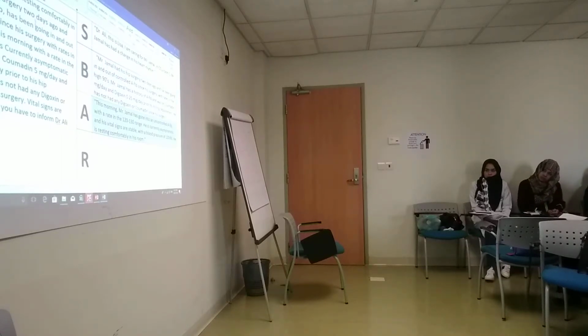Assessment. So you are mentioning your assessment. This morning, Mr. Jamal has gone into uncontrolled AFib with rate in the 100, 120, 130 range, and is currently asymptomatic, vital signs are stable, blood pressure 120/80, and he is resting comfortably in his room. So this is your assessment.